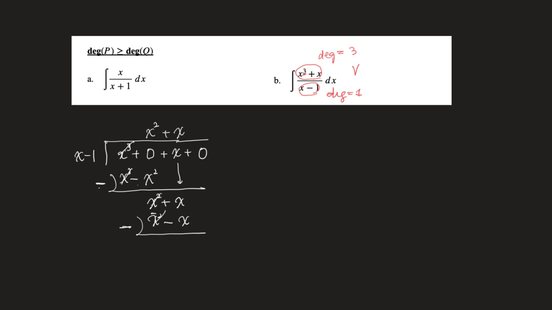Subtract, cancel out, x minus minus x gives 2x, bring down the 0. 2x divided by x gives 2, 2 times x minus 1 is 2x minus 2, subtract, negative negative cancels out, and the remainder is 2. So now you see this is the quotient, and this is the remainder.